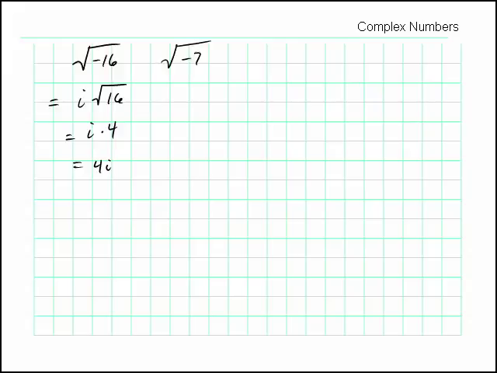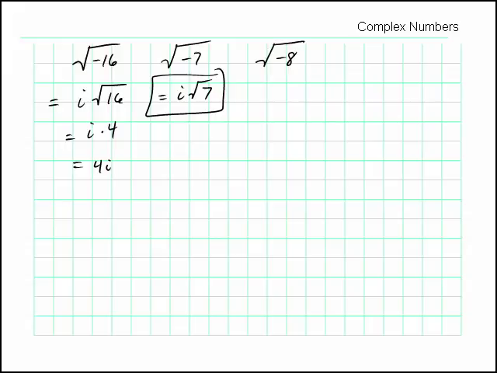The square root of -7 is i square root 7, i square root positive 7. And, well, I can't simplify square root 7, so I guess I'm done with that one. So my answer is i square root 7.